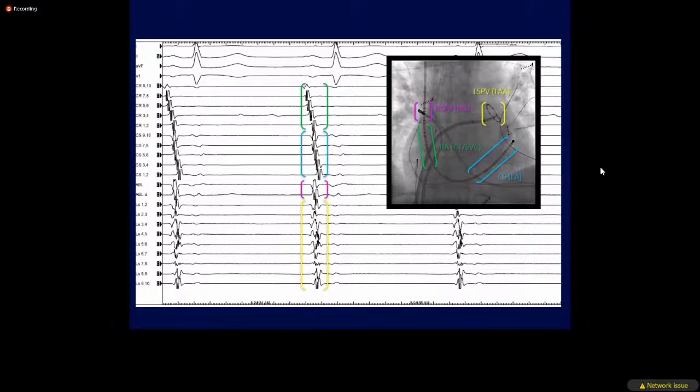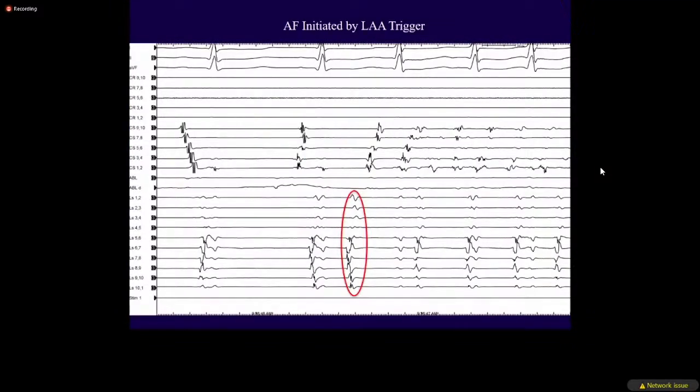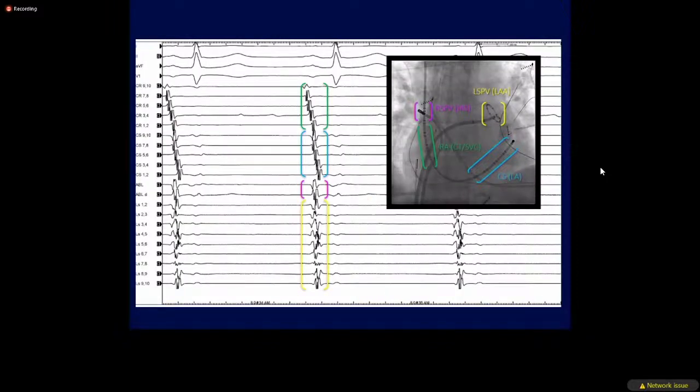And you have activation of the right and the left atrium. You have the appendage either by the far field from the left superior or because you put the LAS there. So you have a lot of information that can allow you to very quickly decide right or left atrium. In the left atrium, where: CS, anterior wall, appendage. So this is what we saw in this case. Remember, this is the set, where we have the catheter.